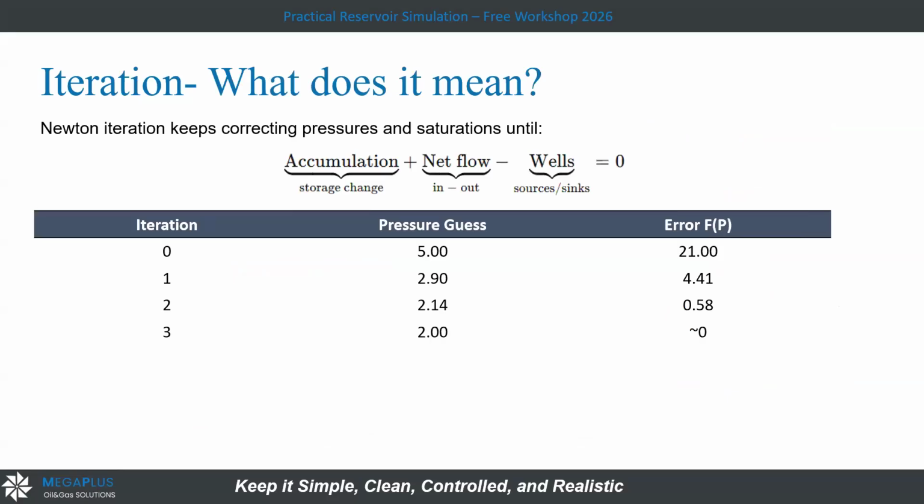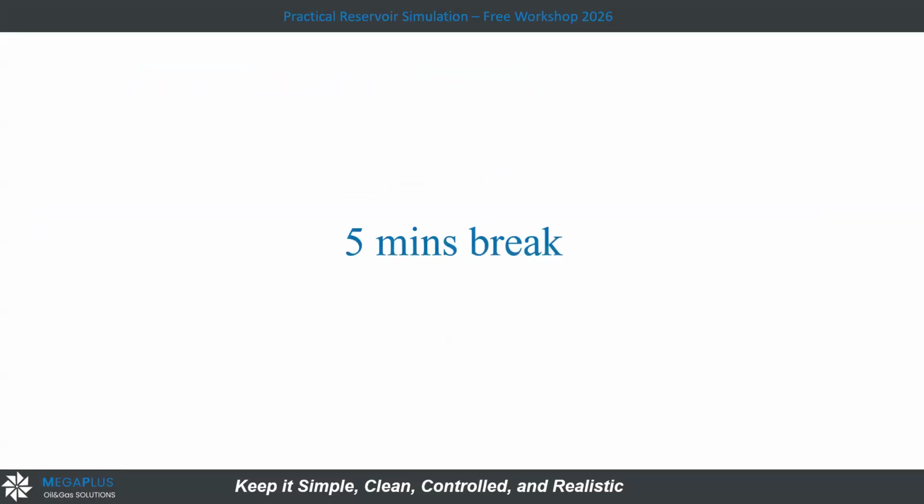That's the example that I told you: at the first iteration the pressure guess will be 5, and after the iterations it will know the exact value that must be used for the new calculation, as an example.